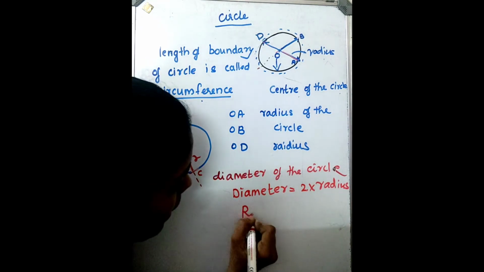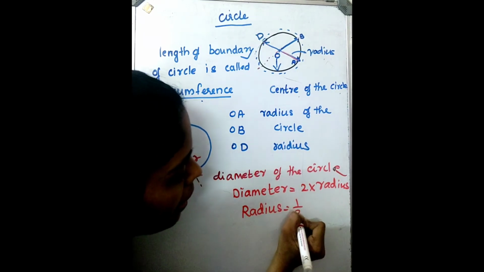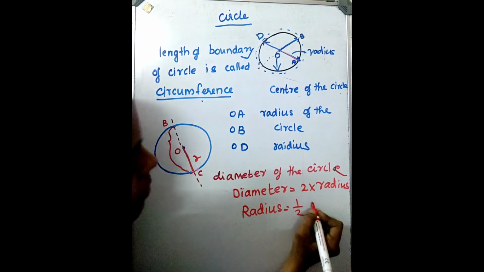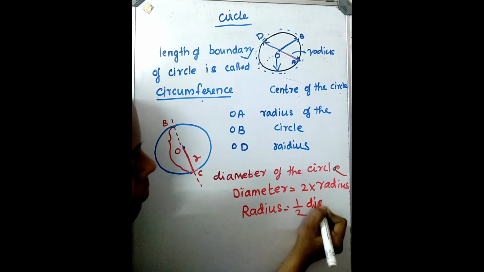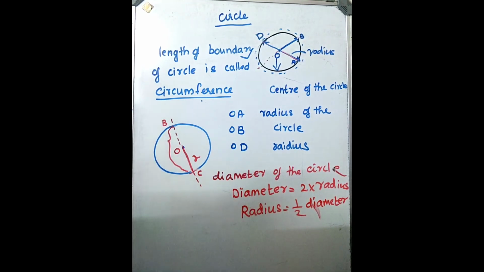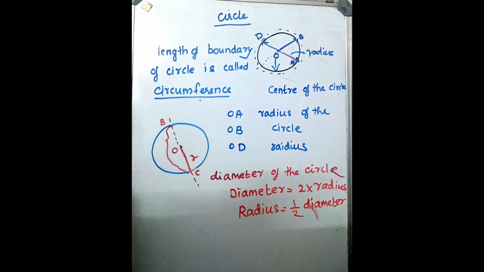That is, the radius is half the diameter. This is an equation. You have to study diameter, radius, center of the circle and circumference.